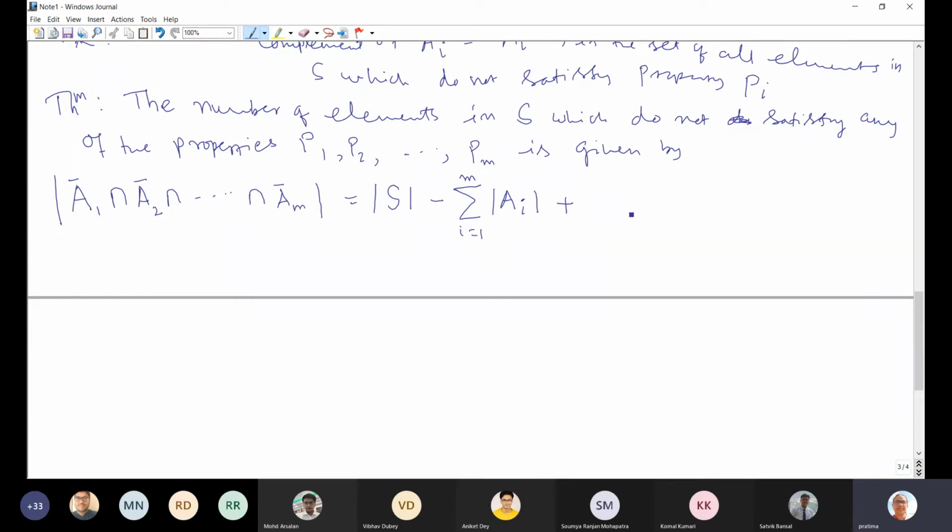So plus the sum of the cardinality of Ai intersection Aj, where i not equal to j, over all possible such pairs from 1 to m.